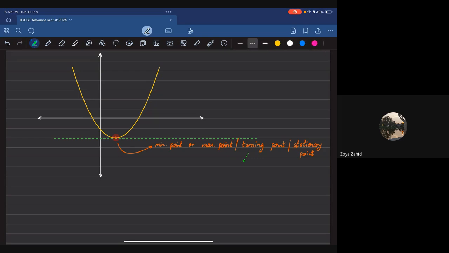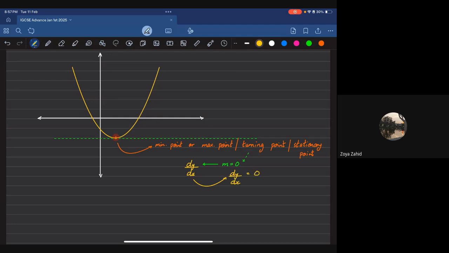Oh, this is dotted. And now what's going to happen? Because your gradient is equal to 0, and your gradient is equal to your derivative, so therefore, full circle moment, your derivative is also going to be equal to 0.